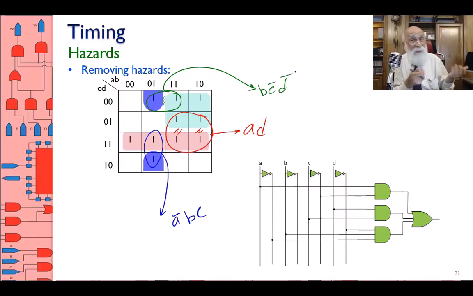So you're really going against what you've been doing so far, which is logic optimization. But if you're optimizing the circuit and also want to prevent hazards, this is how you deal with it.